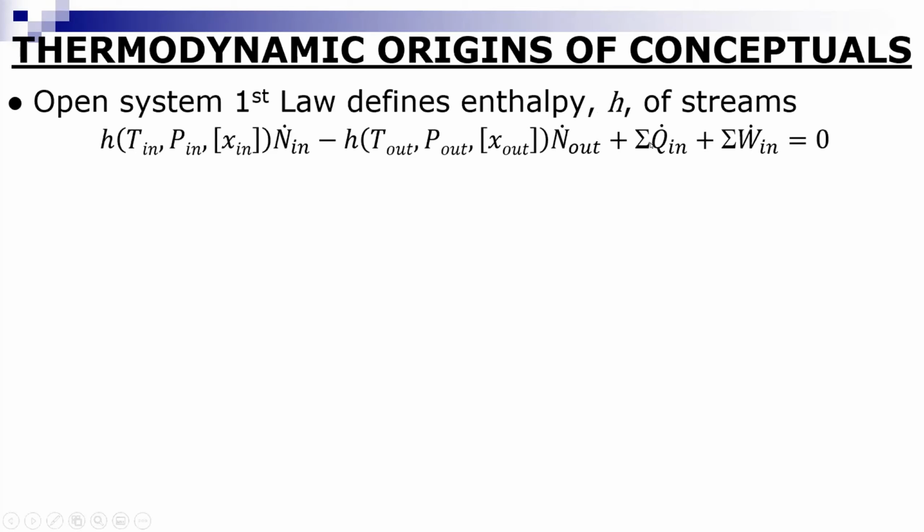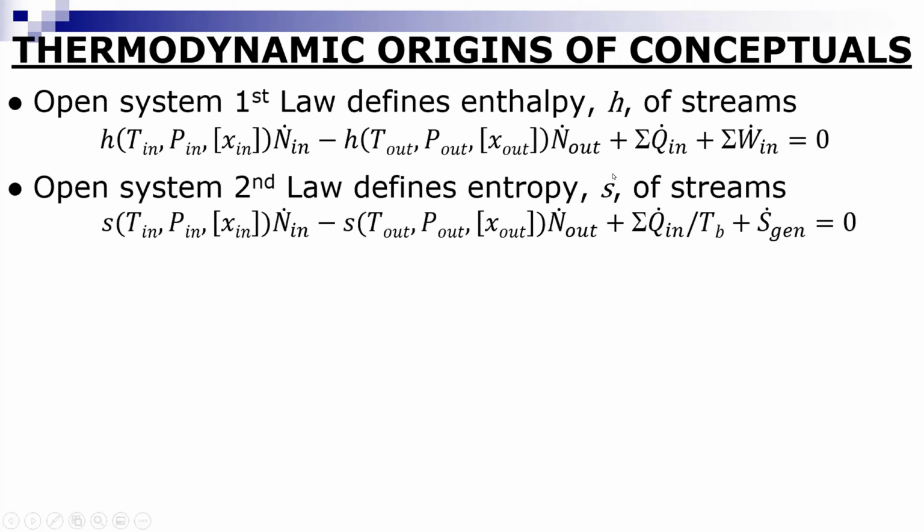And then this is plus the heat effects coming in and the power associated with work. And the sum of those terms is equal to 0. So when you're solving the energy balance, this is where you need the models for the enthalpy difference as well as the rates of heat and work.